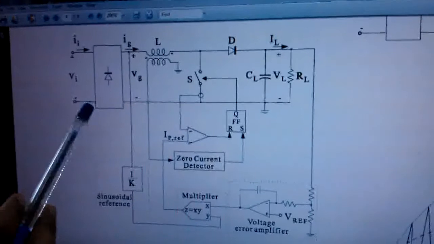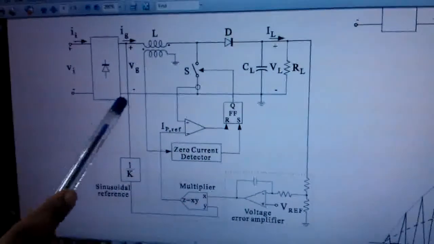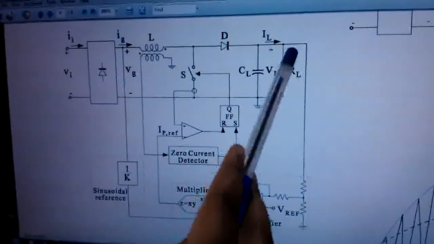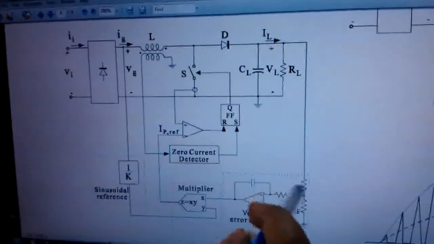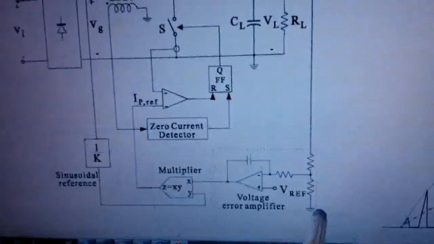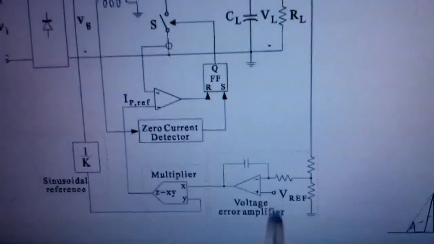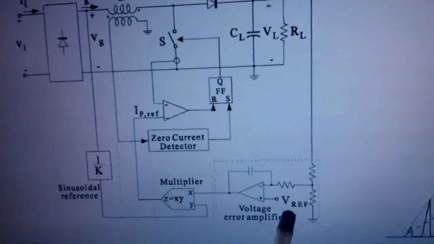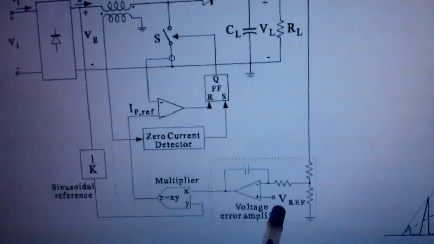This is the AC supply voltage given to the diode bridge rectifier. The output of the boost converter circuit is given to the negative terminal of a voltage error amplifier via a potential divider circuit. This signal is compared with a reference voltage which is predetermined.